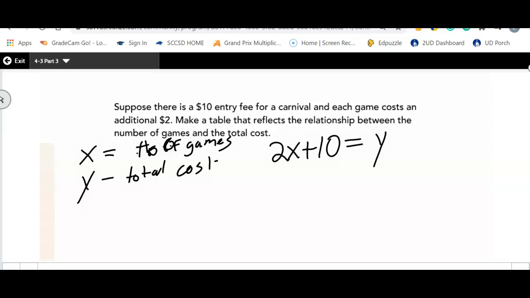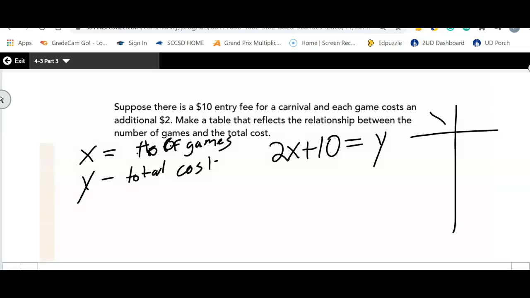And why is it just plus 10? Hudson? Because to go into the carnival costs $10. Good. It doesn't matter who's going in. It costs $10 to walk into that carnival. Plus 10 is called a... Think back to your vocabulary terms. It is the constant.